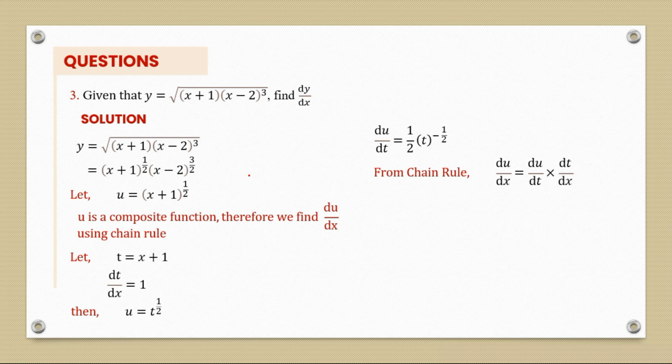From the chain rule, du/dx is equal to du/dt times dt/dx. So we have a half t to the power negative a half times 1, but t is equal to x plus 1. Therefore du/dx is equal to a half into (x plus 1) to the power negative a half. That's how we find du/dx.